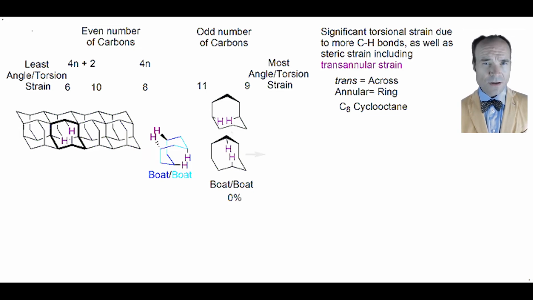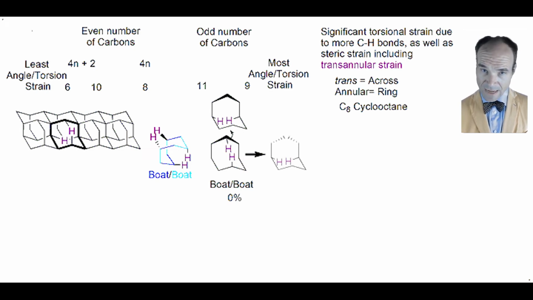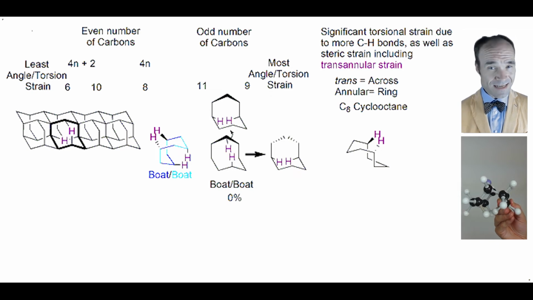Instead, the repositioning of just one of the carbons from facing forward to facing back removes one of the transannular strain interactions, creating a conformation that is of significantly lower energy and is adopted by 89% of cyclooctanes.